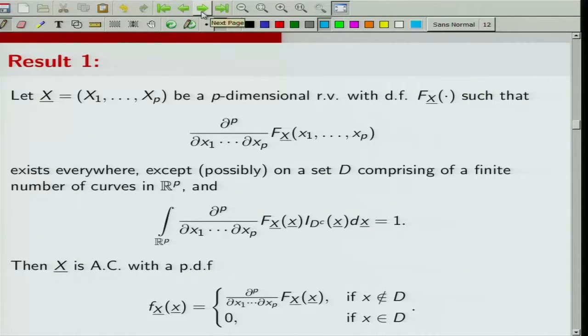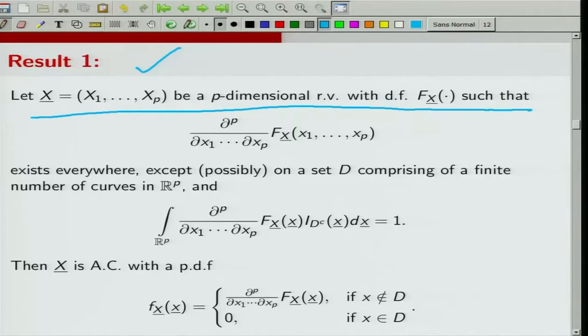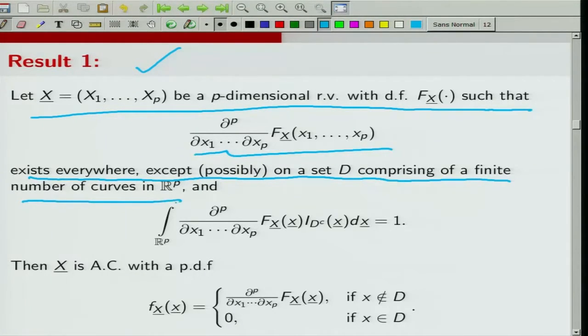Now, let us see this result, which is an analog of a similar result in the case of one dimension. Let X equal to (X_1, X_2, ..., X_p) be a p dimensional random vector with distribution function F_X. Suppose this distribution function is such that I can get the pth ordered partial derivative everywhere, except possibly on a set D comprising a finite number of curves in R^p.